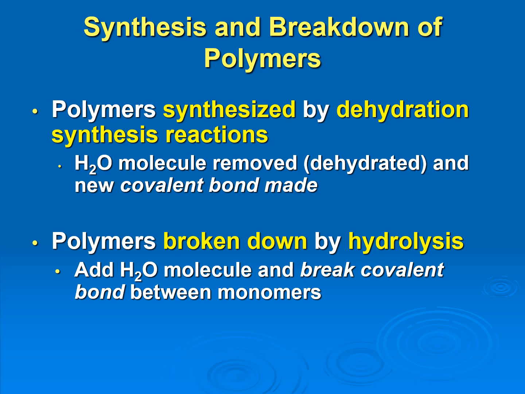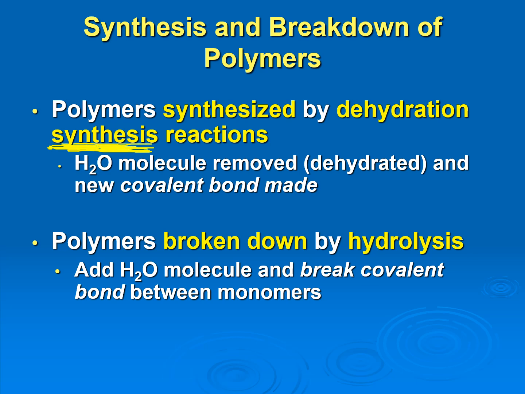We have 2 different types of chemical reactions that are used to make and break down the polymers. If we want to synthesize or make a polymer, we're going to use a dehydration synthesis reaction. The way that you remember that one is that it has synthesis in the name of the reaction, so that means you're going to be making the polymer.